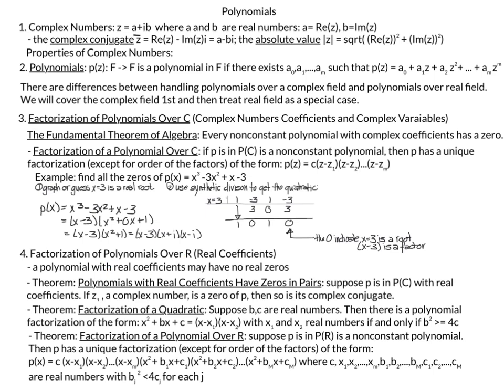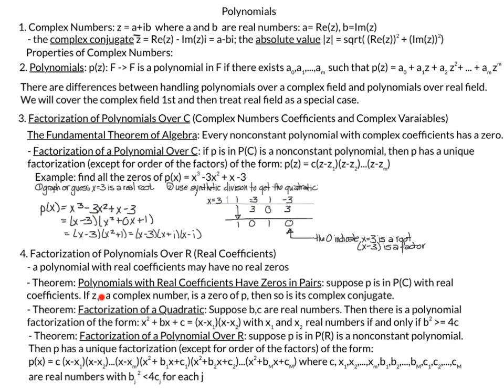So a polynomial with real coefficients may have no real zeros, and this is key. We're talking about real zeros in this case. We have the theorem that polynomials with real coefficients have zeros in pairs. In this case, they're possibly complex. So suppose p is a polynomial over the space of polynomials over C with real coefficients.